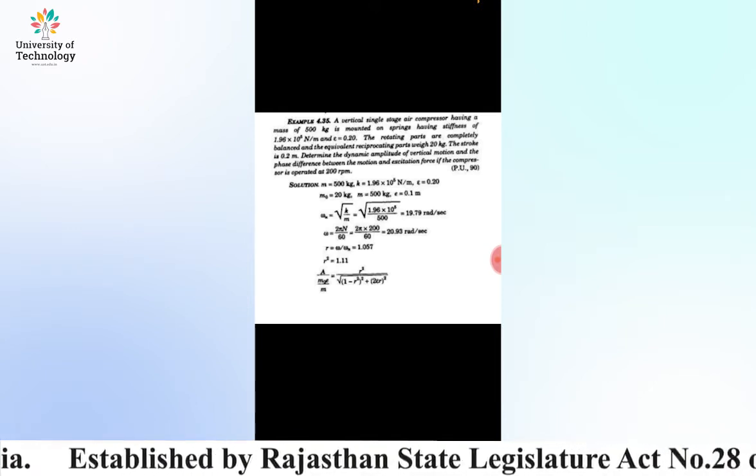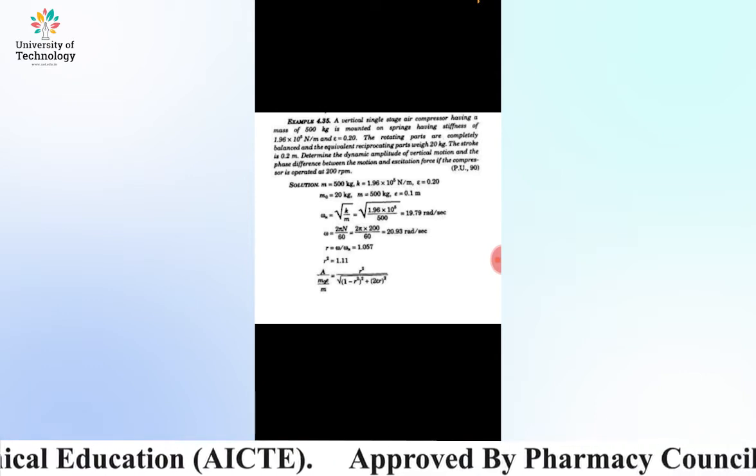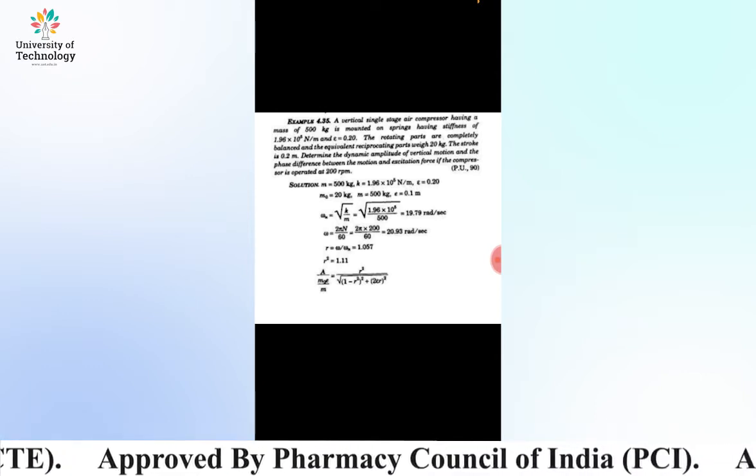The value of zeta is equal to 0.20, m0 is 20 kg, and the eccentricity e is equal to 0.1 meter is given. We have to find the amplitude and the phase difference phi.